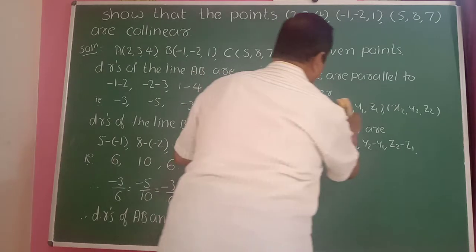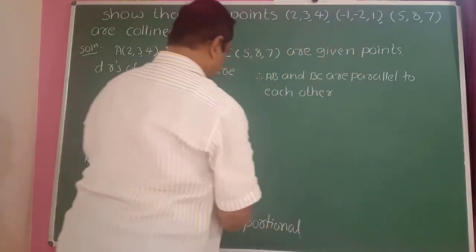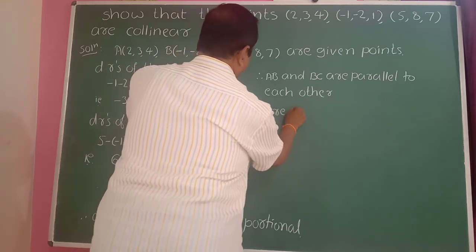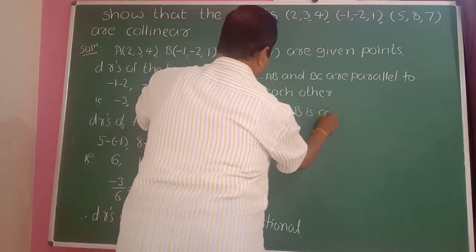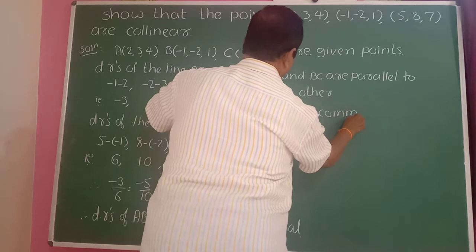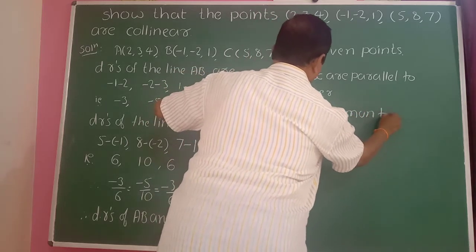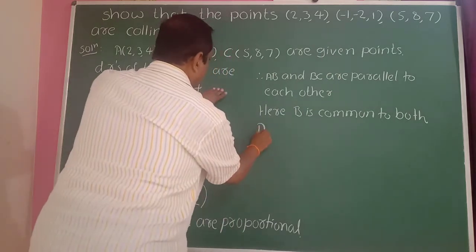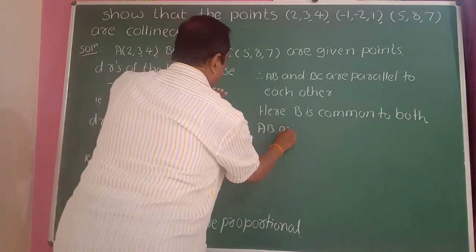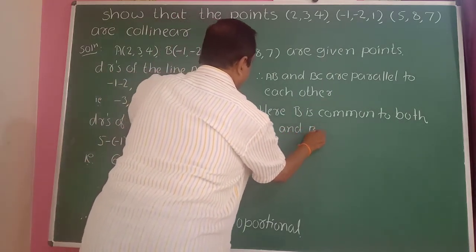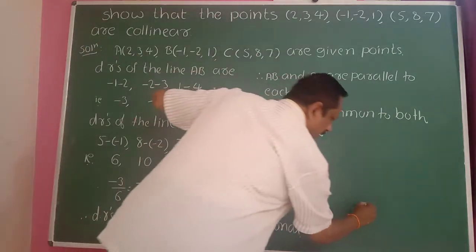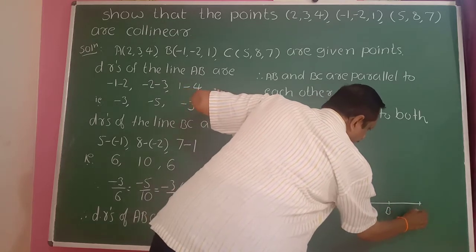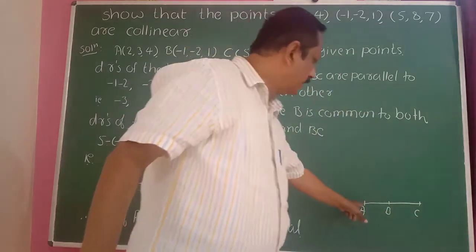And in both cases B is common. So just observe here: here is the point A, here is the point B, and here is the point C. B is common to both AB and BC.